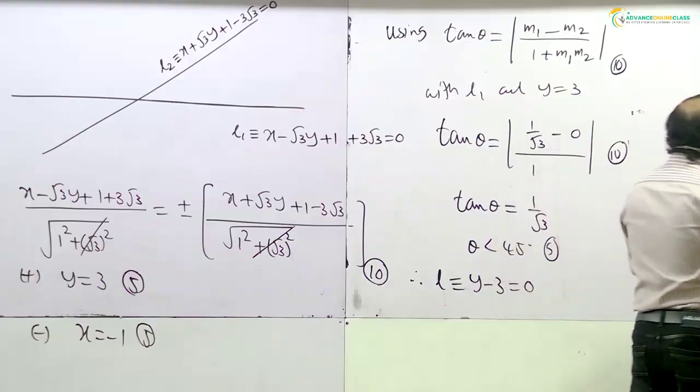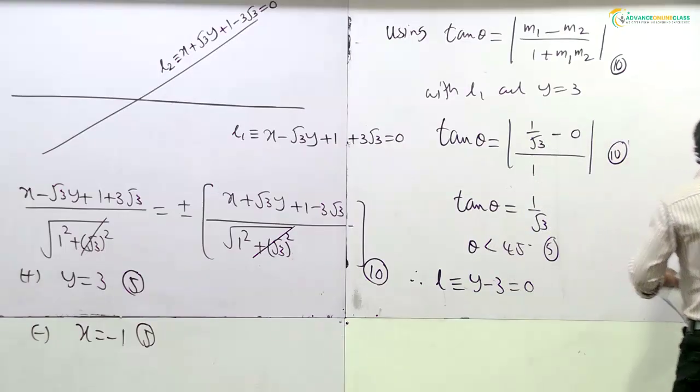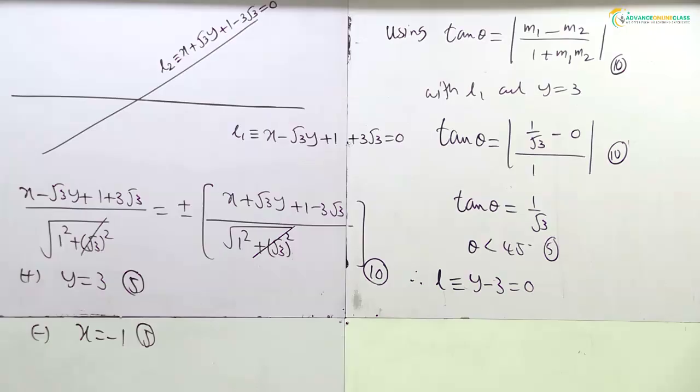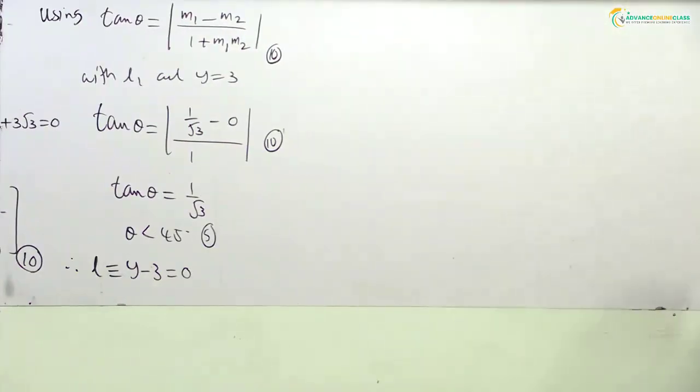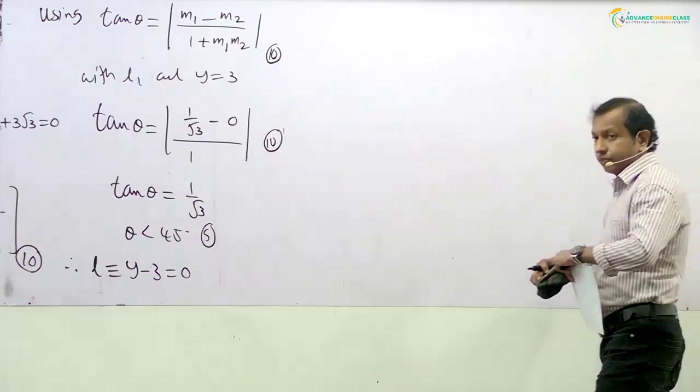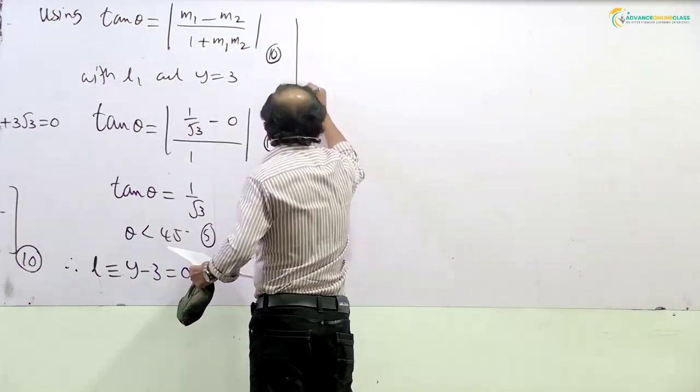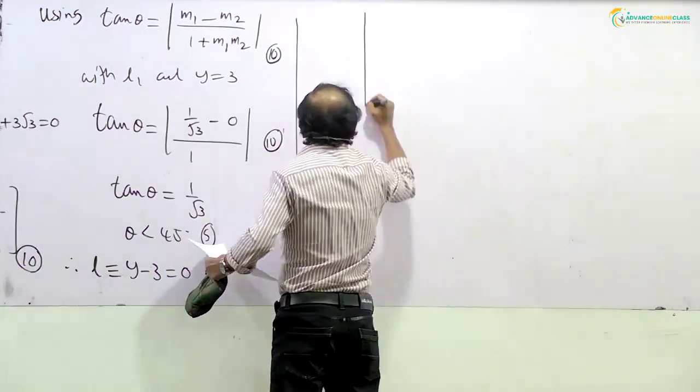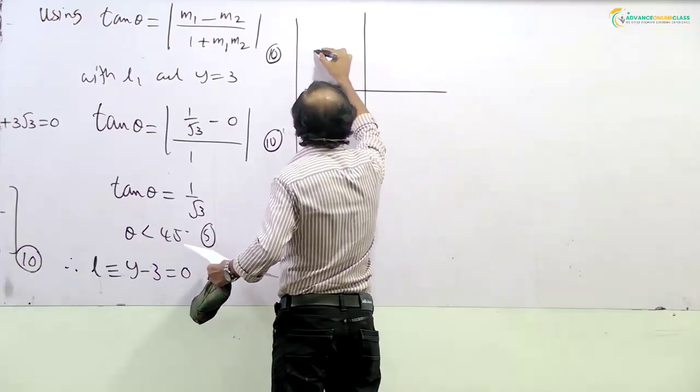If we just draw the y equals 3 line, what can we say? It is a line parallel to x-axis, cutting the y-axis at 3. We draw the y equals 3 line here.